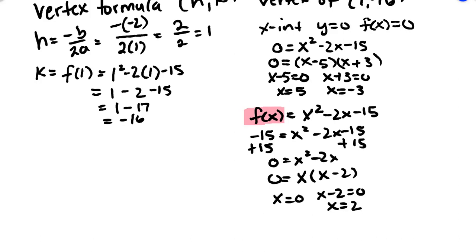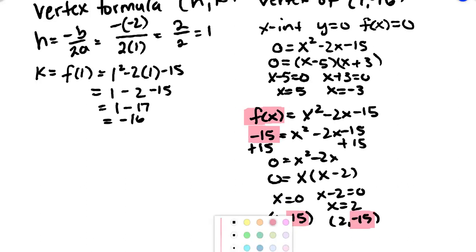And that means that the ordered pairs (0, negative 15) and (2, negative 15) are on the graph. We replaced f of x with negative 15, and that means that we have the y-coordinate of negative 15 and the x-coordinates of 0 and 2.